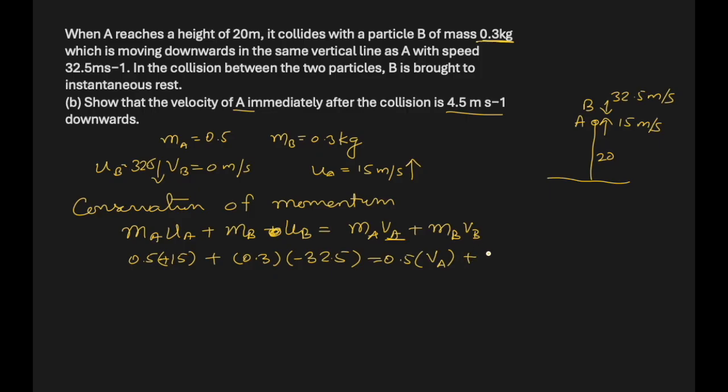Plus MB 0.3 and VB is 0 because of the instantaneous arrest. So this is gone. So we can simply multiply this. 15 times 0.5 is 7.5, so it will be 7.5 minus 9.75.